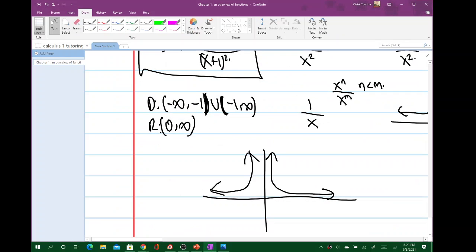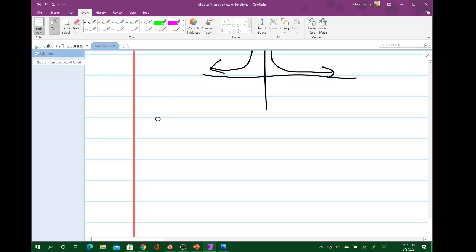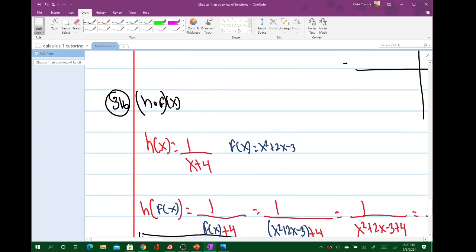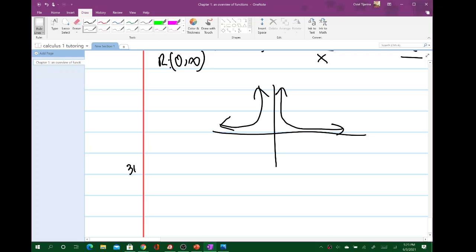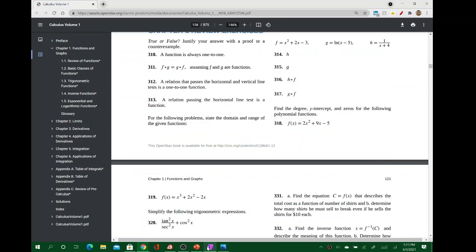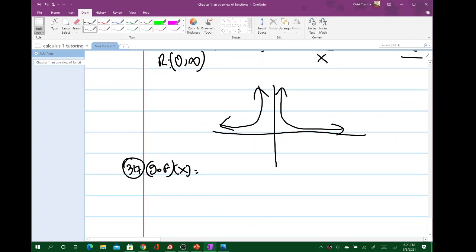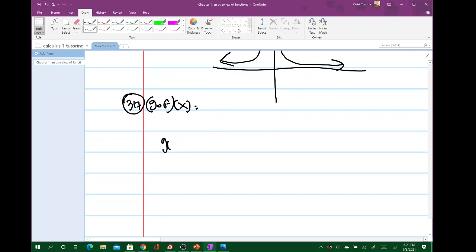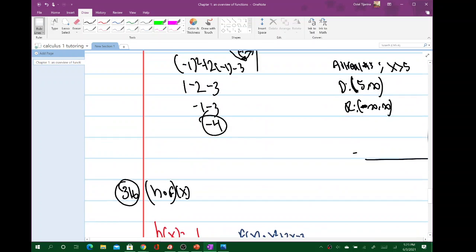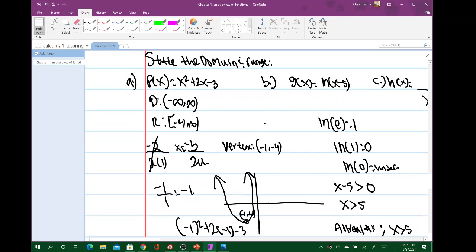Now we want to do g of f of x. So g of f of x. What number is that? Number 317. So g of f of x, it'd be ln, so we know that g of x equals ln of x minus 5, and f of x equals x squared plus 2x minus 3.